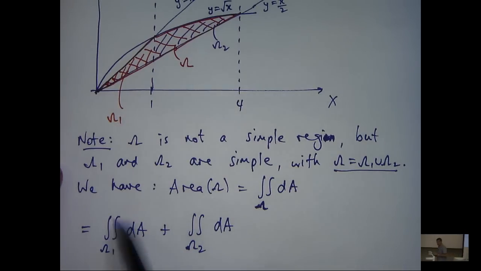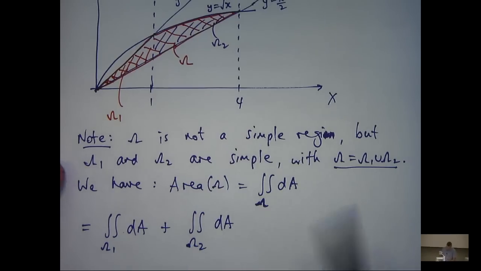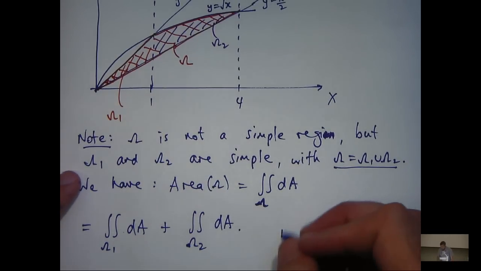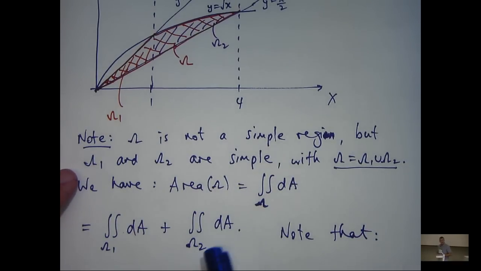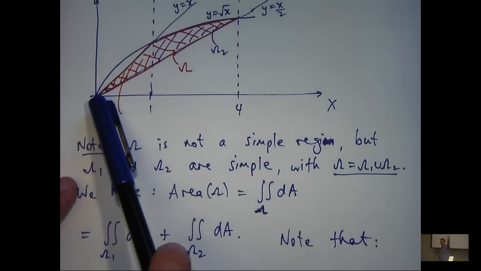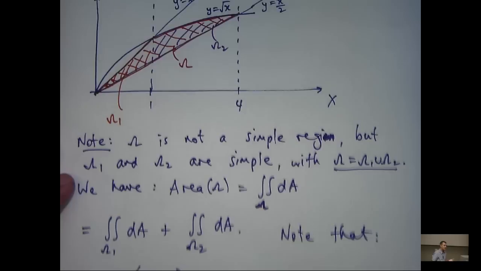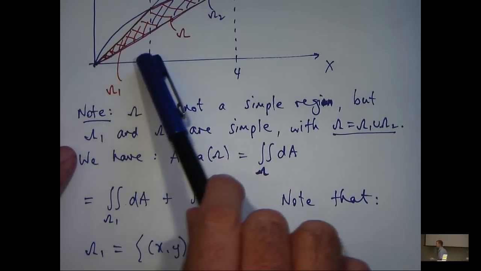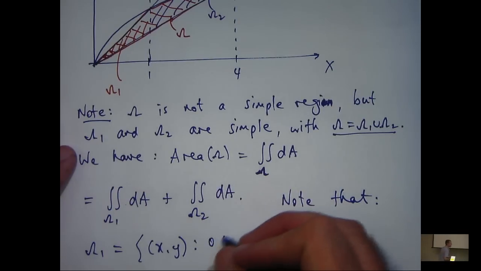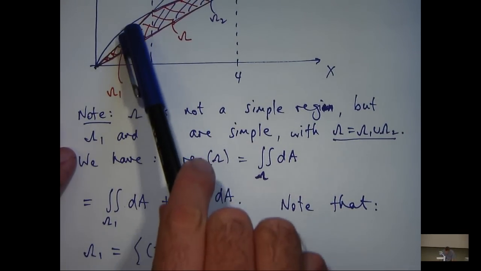Now, to set up these integrals properly, we need to mathematically describe omega 1 and omega 2. From our graph, we can describe these two regions. Let's consider omega 1. It's all those points such that x is between 0 and 1, and y is between these two functions here.